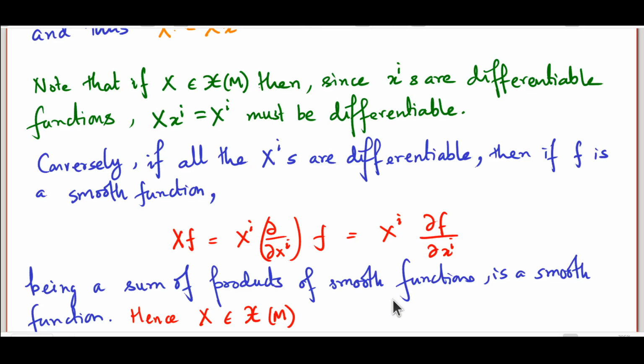Capital Xi is smooth by supposition, and since f is a smooth function, it has derivatives to all orders, which are themselves smooth, so del f del xi is also smooth. And therefore, if all the coefficient functions capital X1 up to capital Xn are smooth functions, capital X must act on a smooth function f to produce another smooth function, and therefore capital X must belong to the set of all smooth vector fields.